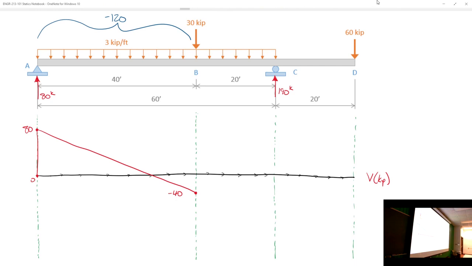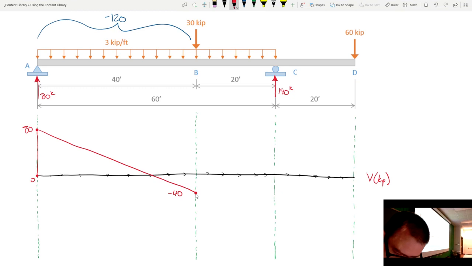Now, what happens right at B? I have a negative 30 tip. So if I'm at 40 and I drop another 30, I'm going down to -70.